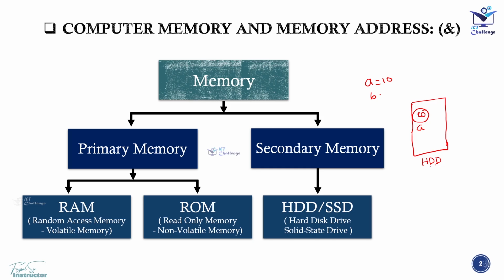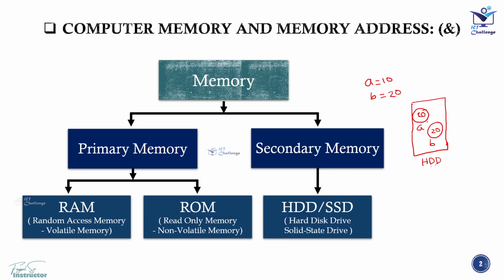And if I write B is equal to 20, it takes another space from the memory, and inside this space it will keep the data 20. So every kind of variable takes a space from the memory.